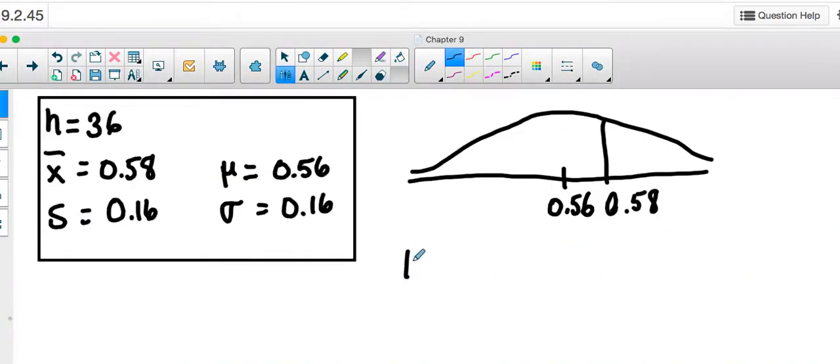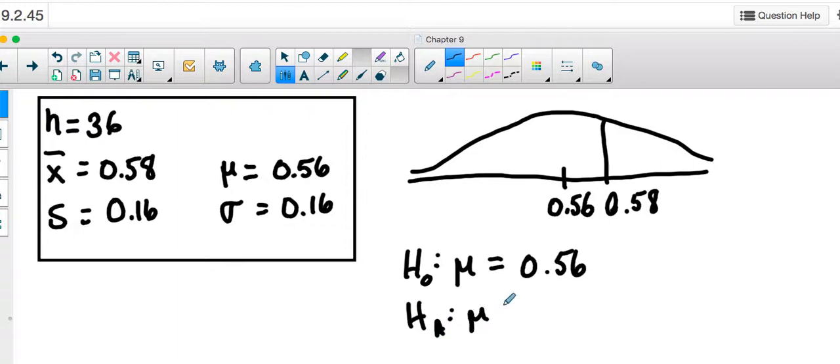So our null is always the equality using the population, mu, and our alternative is going to be greater than. Oops, not less than, not equal to.